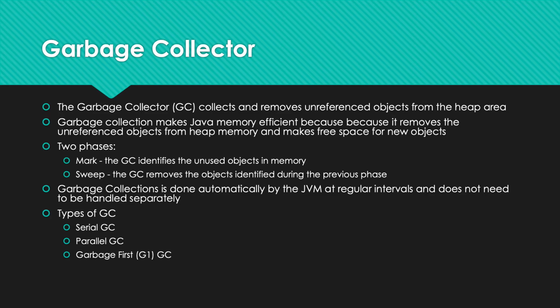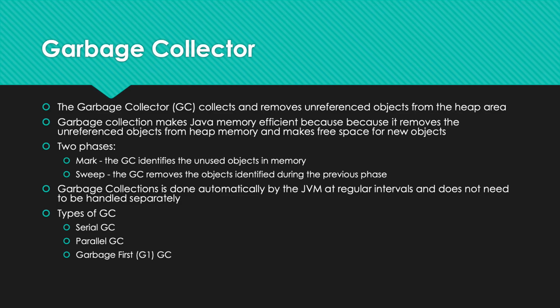The third one is probably going to be the future in Java, most probably. Which is the garbage first garbage collector, G1 garbage collector. Again, this is for multi-threaded applications. In this case, it divides the heap area into equal sized regions and uses multiple threads to scan each of them.